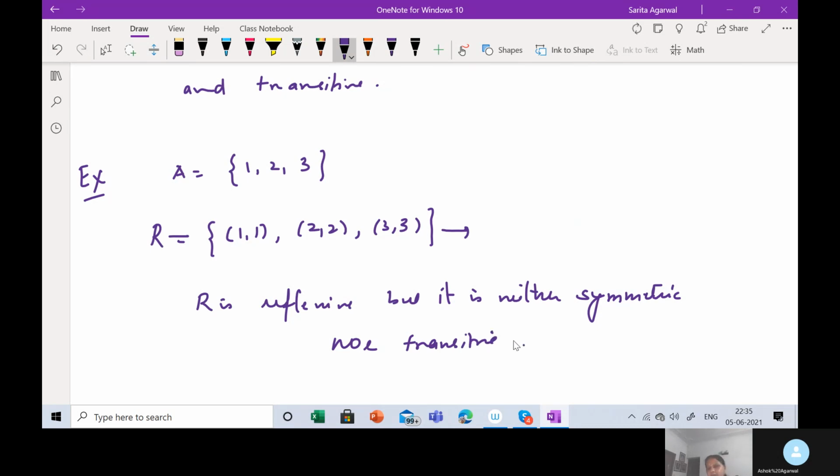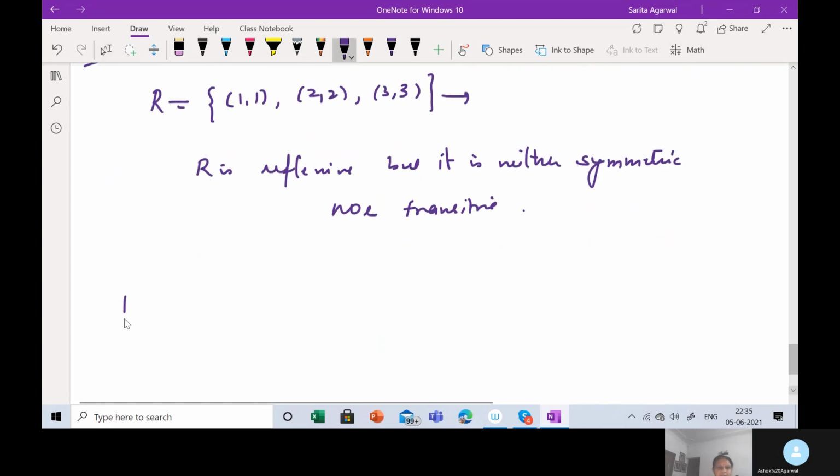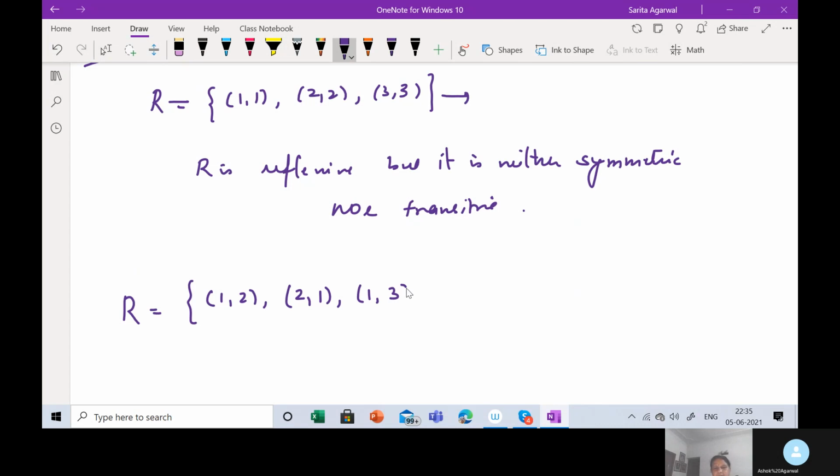Now, if we see another relation, R is (1,2), (2,1), (1,3), (3,1), and (2,3) and (3,2).